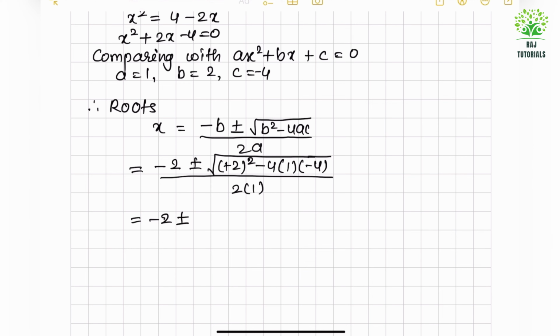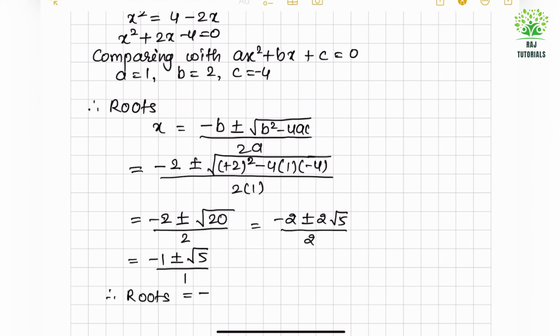So this will be minus 2 plus or minus, if I solve this root, I will have 20, upon 2. So minus 2 plus or minus 2 root 5 upon 2. If I cancel 2 from both, I will have minus 1 plus or minus root 5.